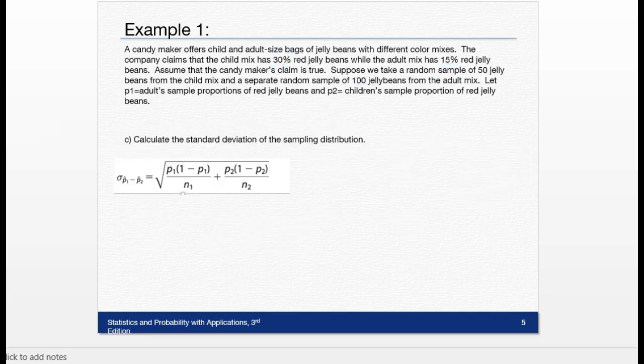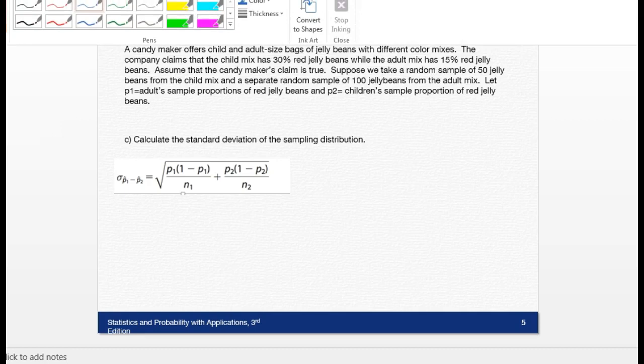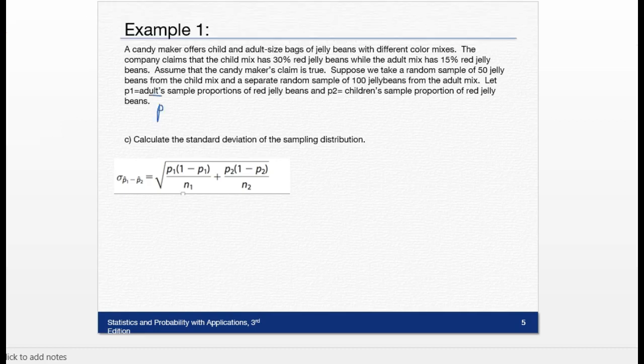Now in part 3, it says calculate the standard deviation of the sampling distribution. So again, P1 was the adult, so P1 was 15%. P2 was 30%, the children's percentage. Now I'm going to plug things in. My sample size for the adults was 100, and for the children it was 50.